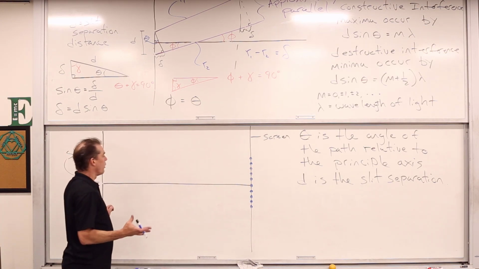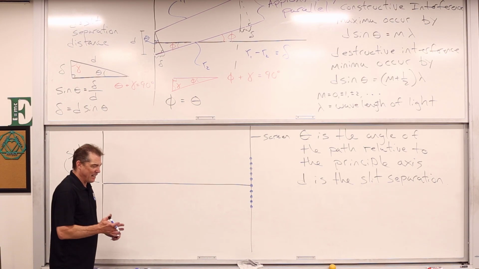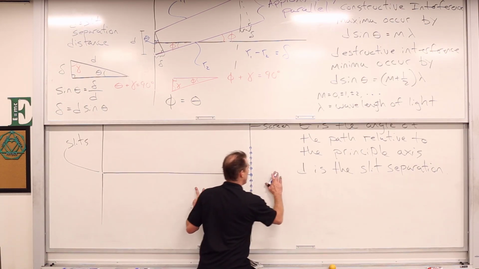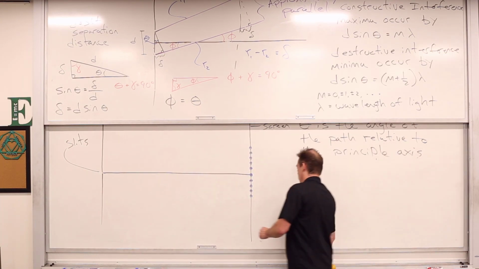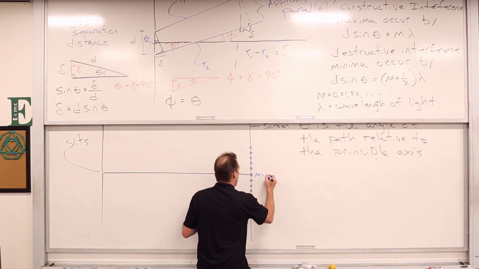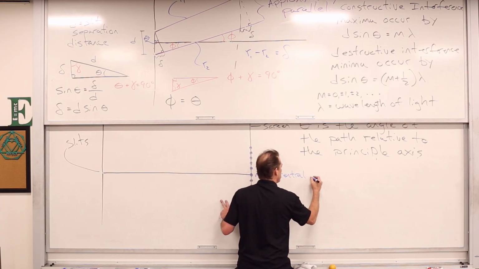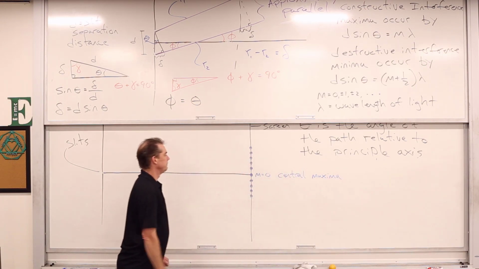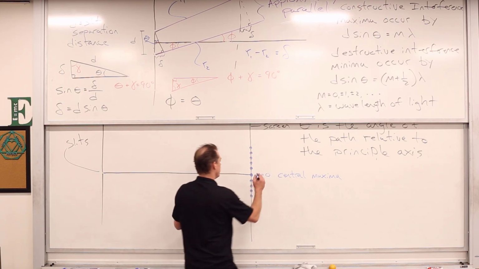And we want to be able to call these maxima something, and correlate an angle with respect to them. So this is known as the central maxima. This is m equals 0, central maxima. This would be the m equals 1, first order maxima.